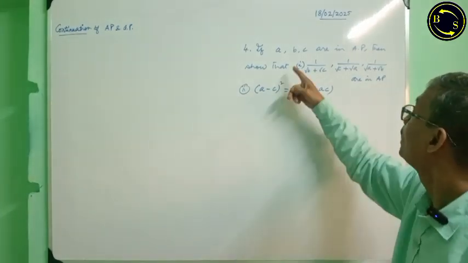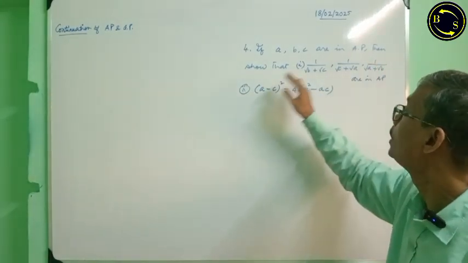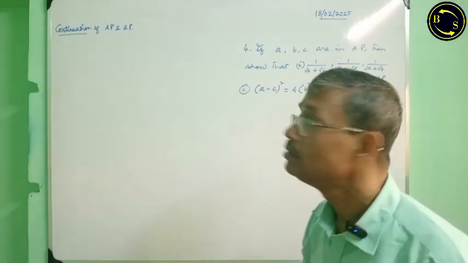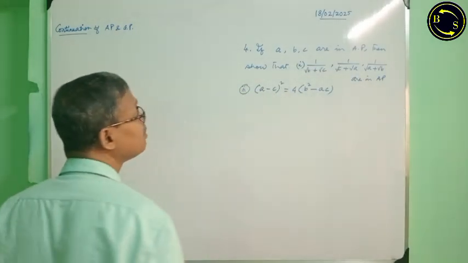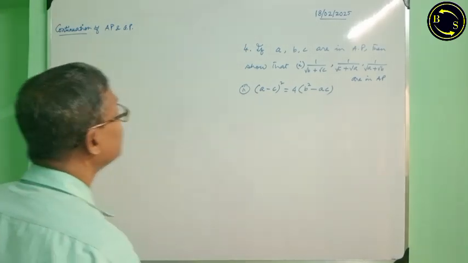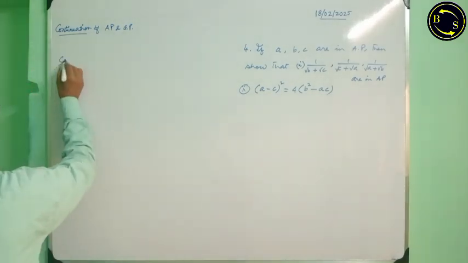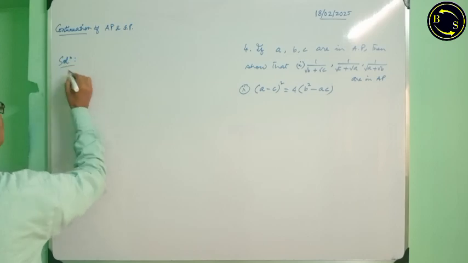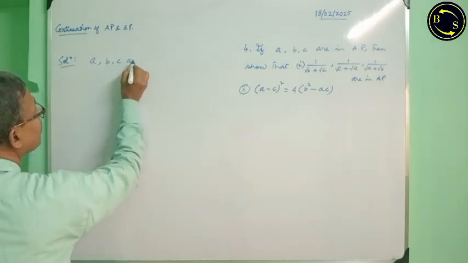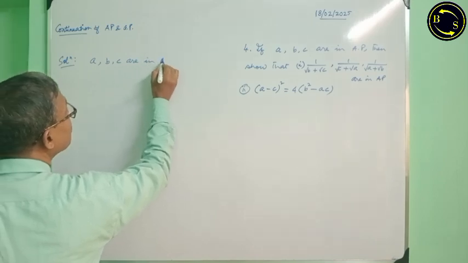Next sum: if A, B, C are in AP, then we have to prove this. Actually, I discussed a few sums in the earlier episode, and I have taken more sums here. A, B, C are in AP.